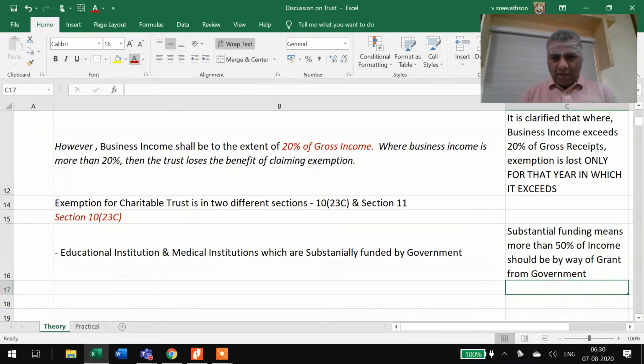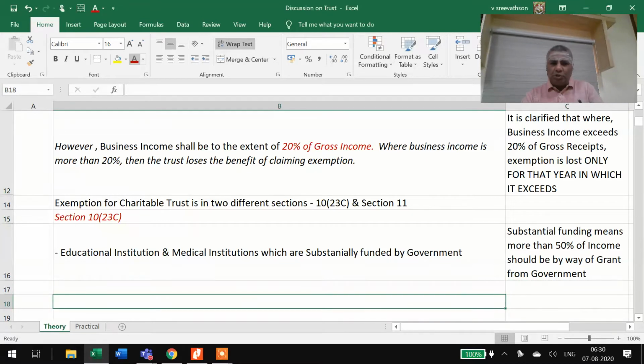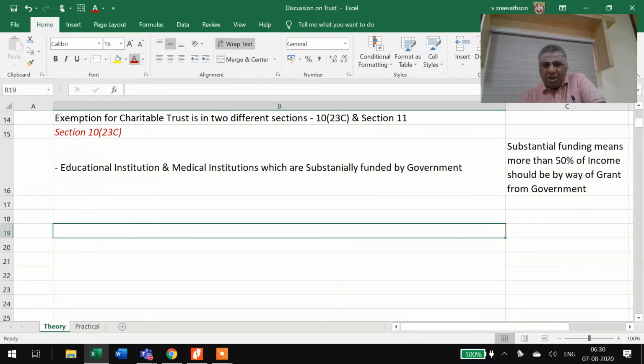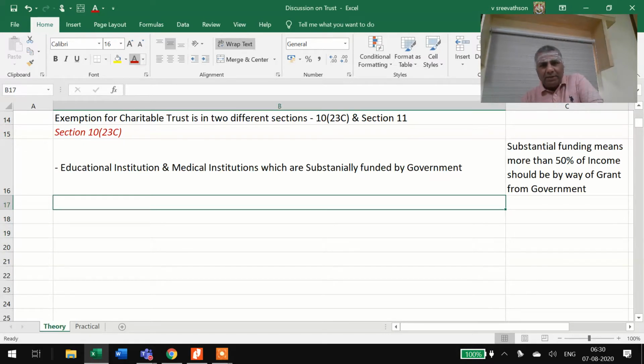You can understand the law has also clarified what is meant by substantial funding by government. In your income and expenditure account, on the credit side, grant from government should be more than half of your total income. Then I will accept that it is substantially funded by the government.